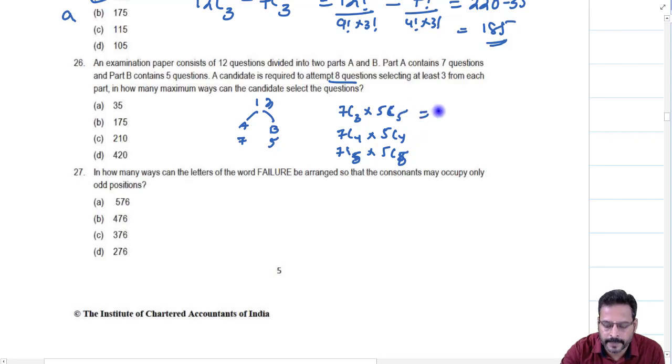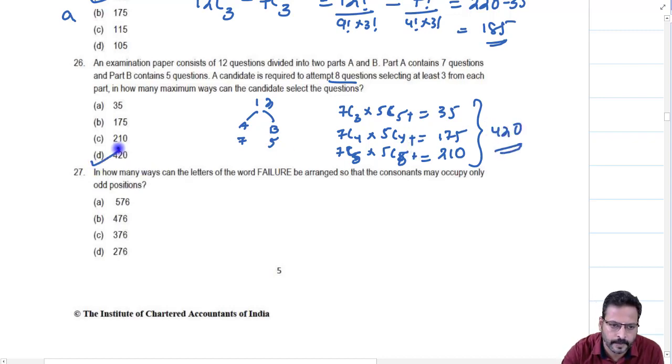So this becomes 35, this becomes 175, this becomes 210, found using the formula of combination. So adding them, the total is 420, which will be the answer.